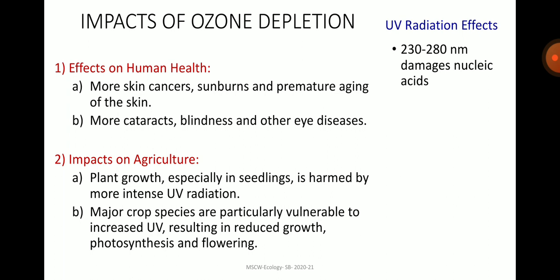Rice crops could be affected by ozone depletion. They depend on a type of bacteria called cyanobacteria for retention of nitrogen. Cyanobacteria are very sensitive to UV light, so the increase might kill them, depriving crop plants of nitrogen.